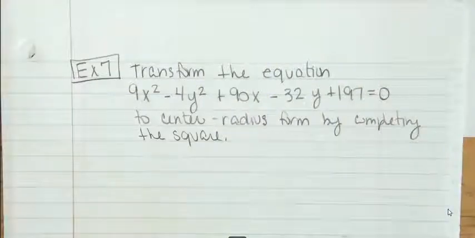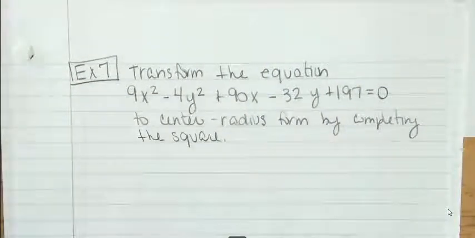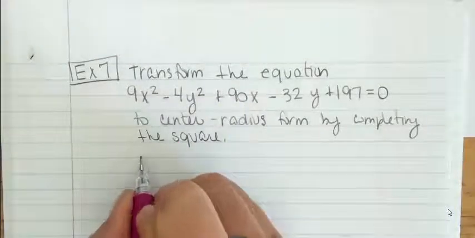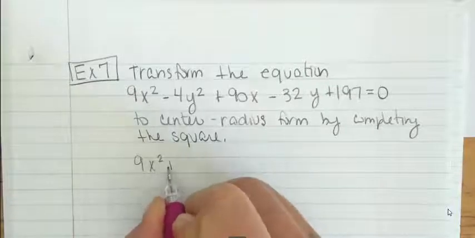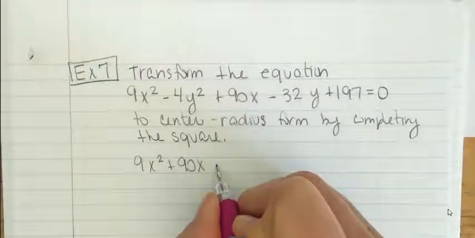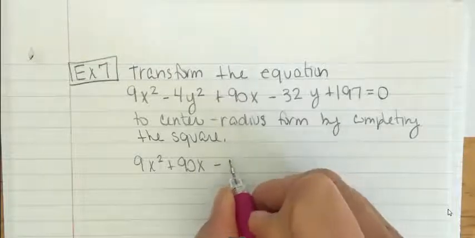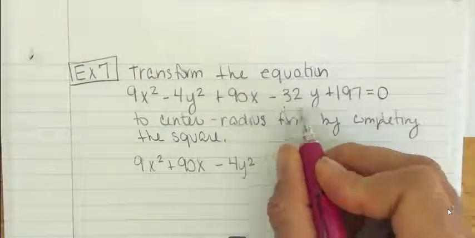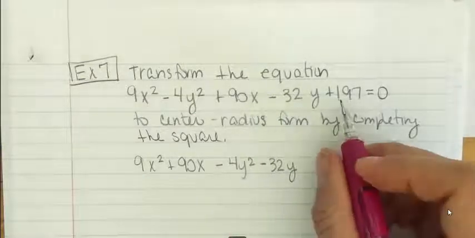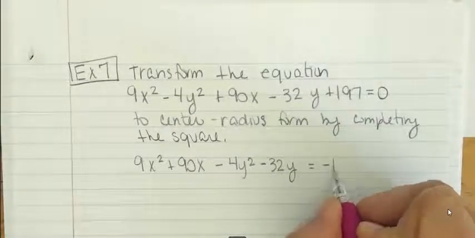Okay, so the first thing I'm going to do is group my x's and my y's together. So I'm going to move some things around, bring that 90x over here. So I'm going to have 9x squared plus 90x, and then I'm going to have the minus 4y squared minus 32y, and then I'll set that equal to negative 197.